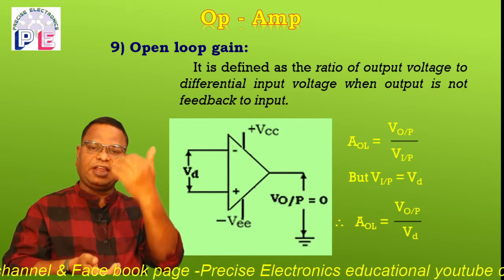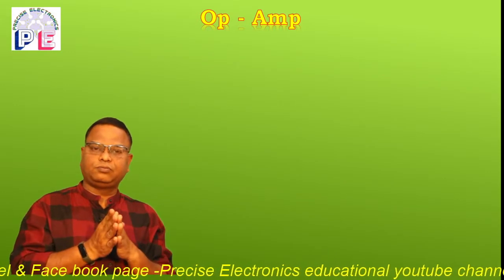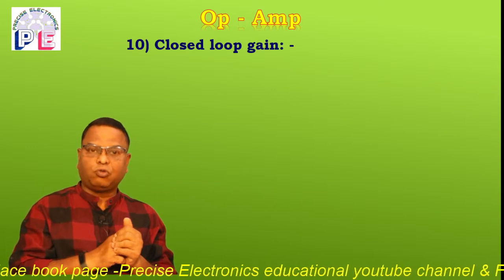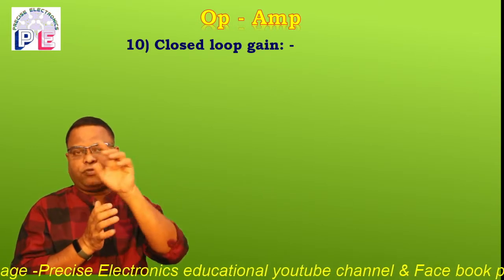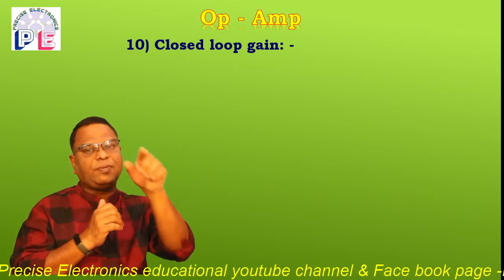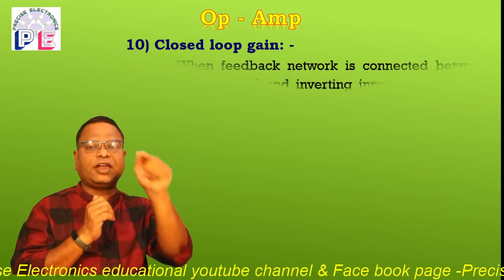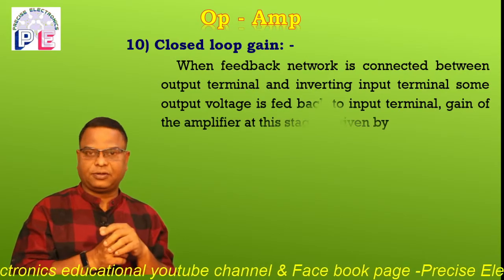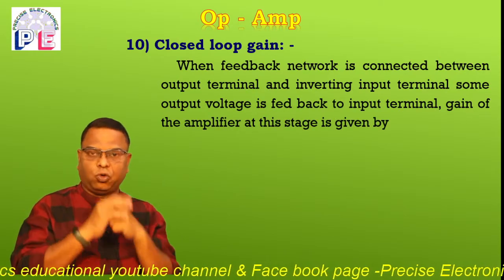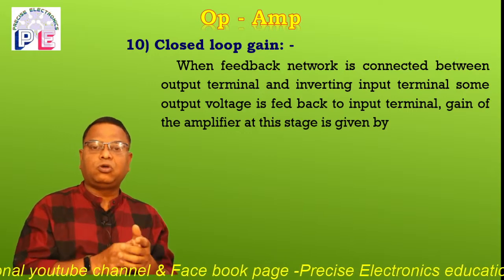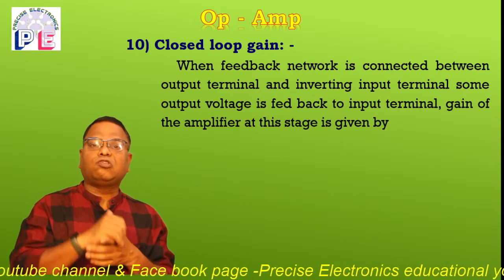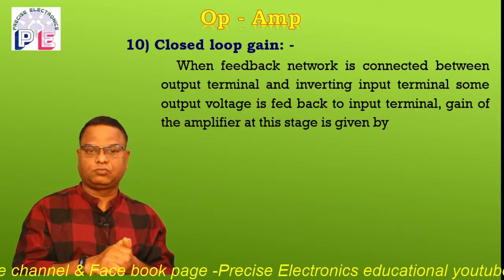So obviously the next parameter is closed loop gain. What is closed loop gain? What is a closed loop? When the output is fed back to the input, that means the output is connected to the input, there is feedback. In this mode, with a feedback resistor, the gain of the amplifier is known as closed loop gain.